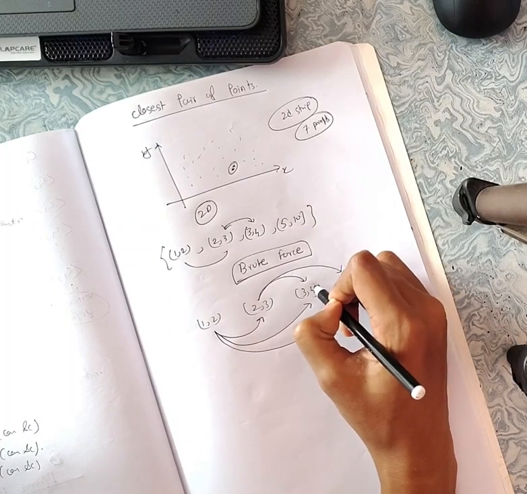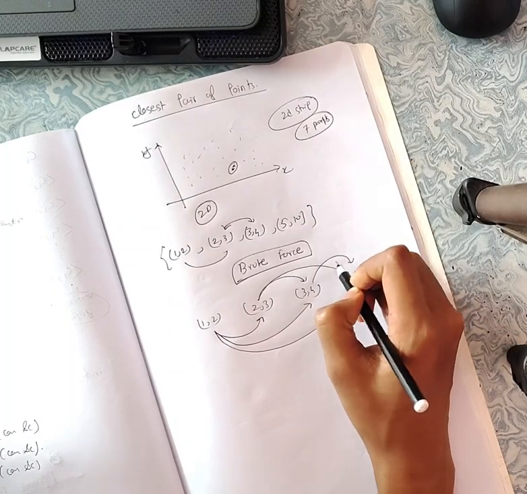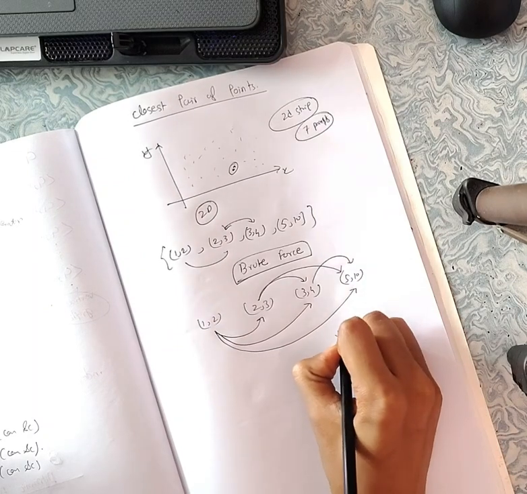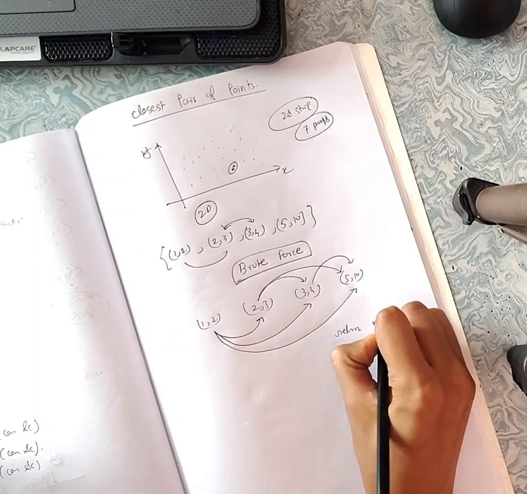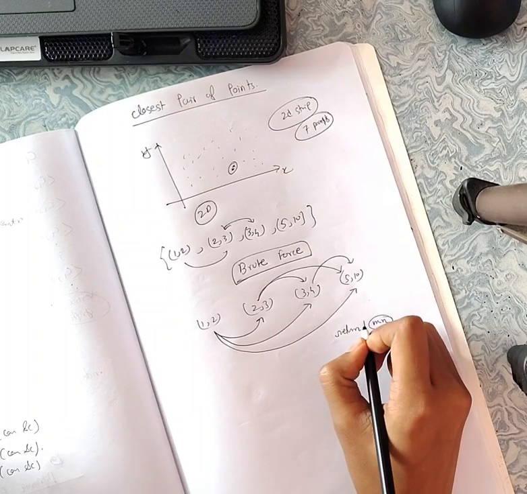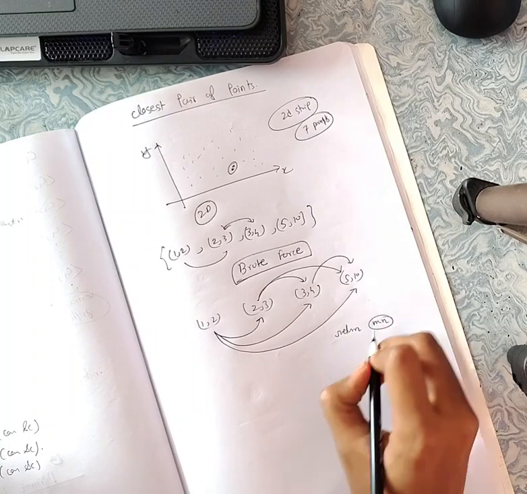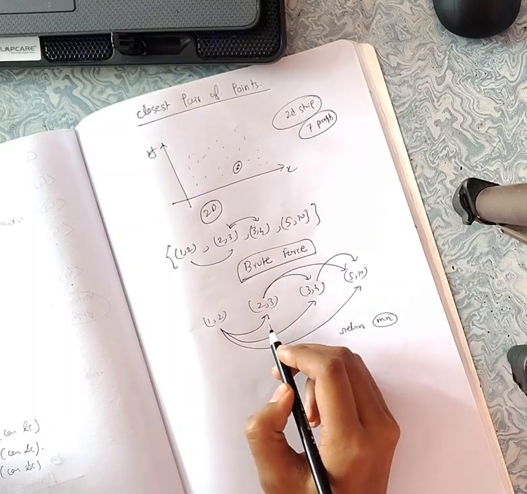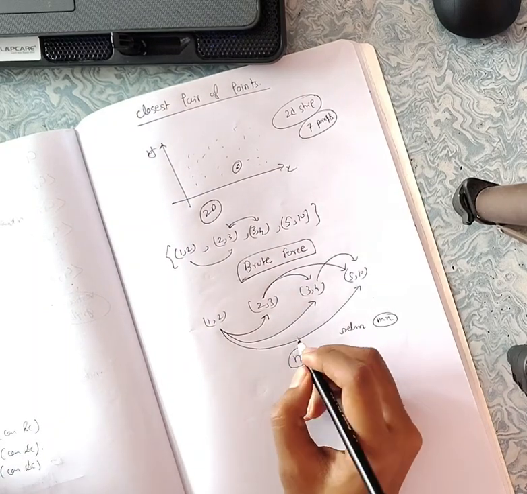Next, for this point, I'm going to consider these 2 points, and likewise, in a brute force approach, you consider each pair of points, find their distance, and return the minimum of them. So what will be the time complexity of this? You can easily guess that the time complexity is n square.